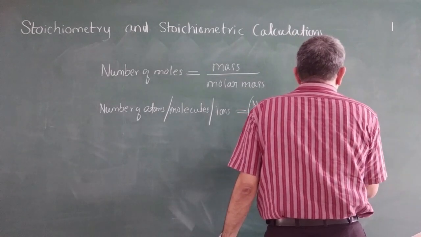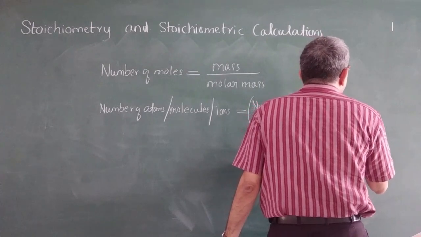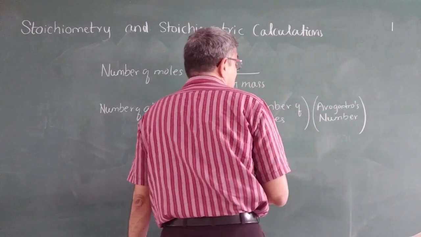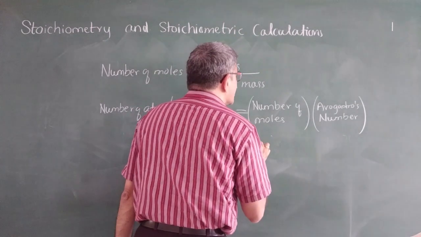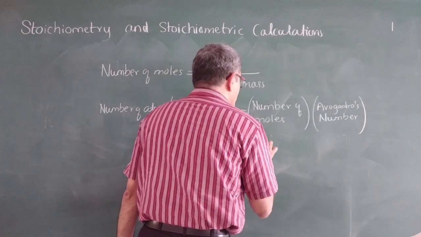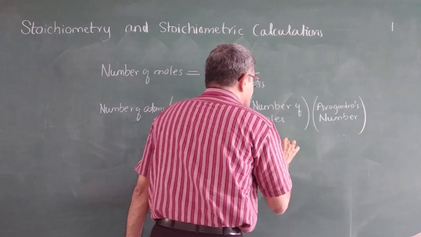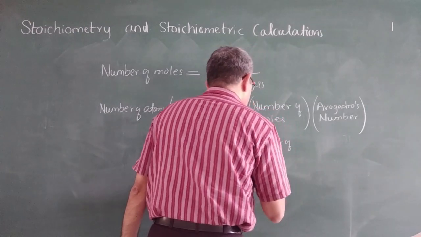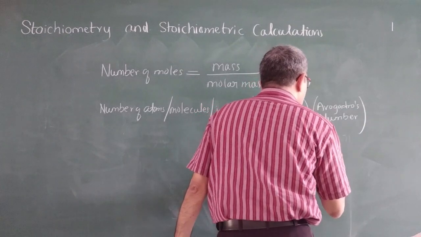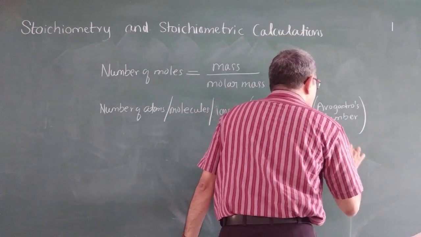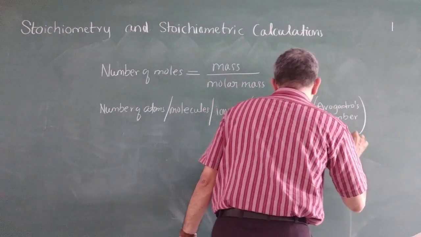Avogadro's number is about 6.022 into 10 raised to 23. That is the number of moles into 6.022 into 10 raised to 23.